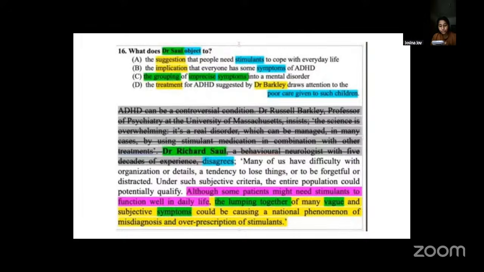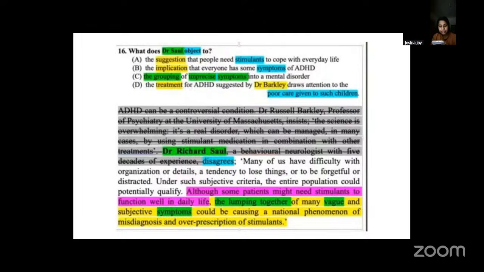Again, there is a clue to our answer: we can see a complex sentence. A complex sentence has an independent clause and a dependent clause. Dependent clause means whatever comes before the comma. Independent clause means whatever comes after the comma. Most of the answer will come in the independent clause, not in the dependent clause.